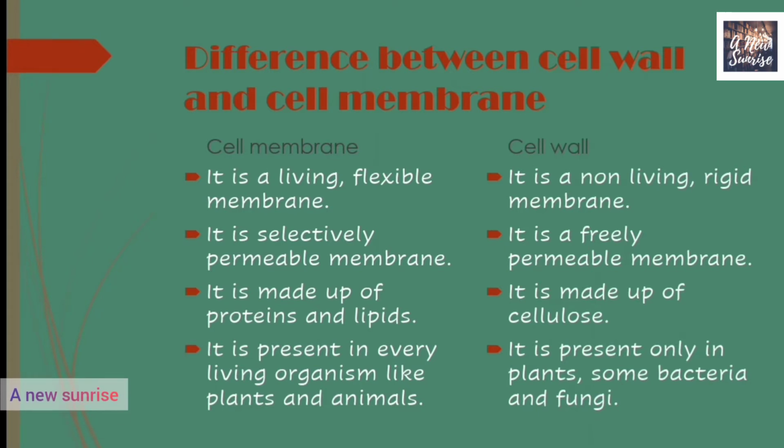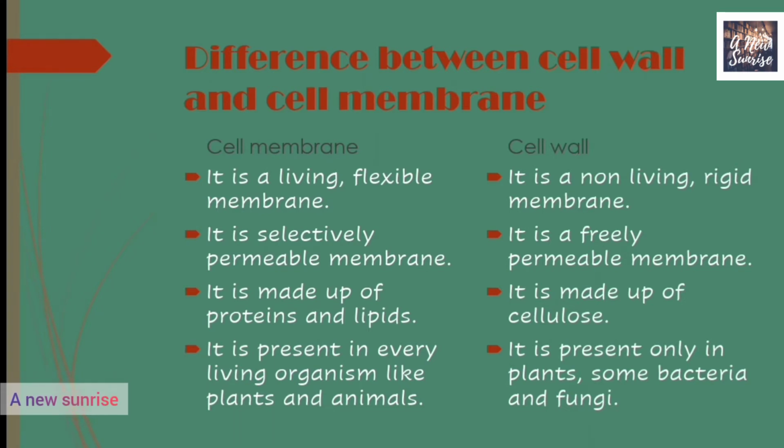Cell membrane is a selectively permeable membrane, whereas a cell wall is a freely permeable membrane. A cell membrane is made up of protein and lipids, and a cell wall is made up of cellulose.